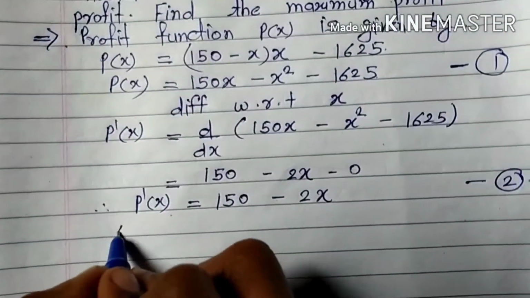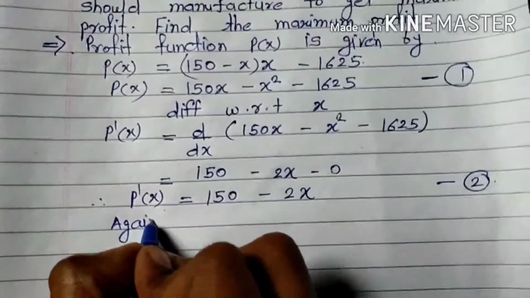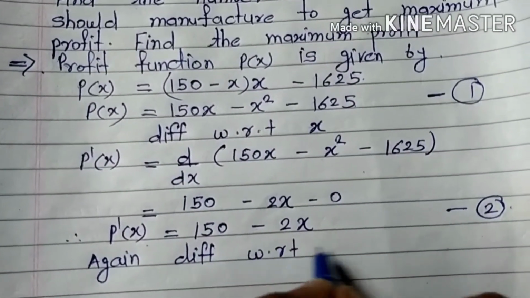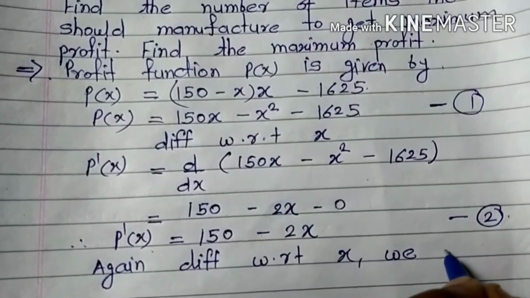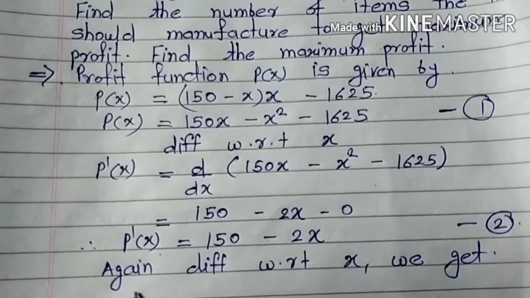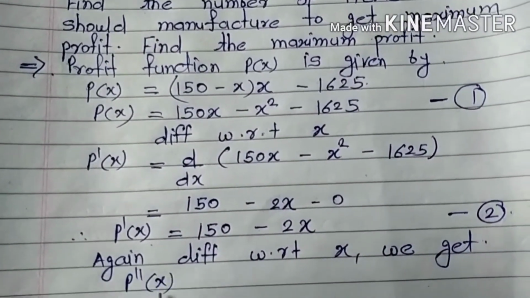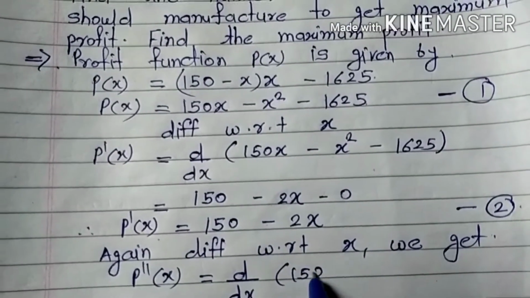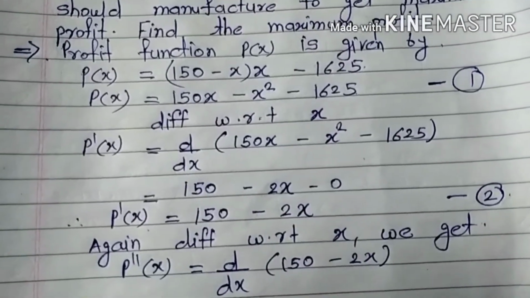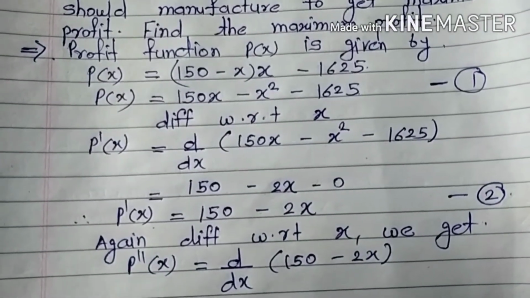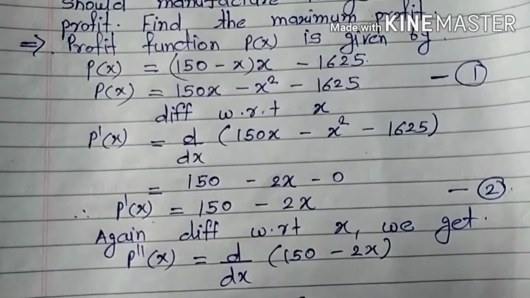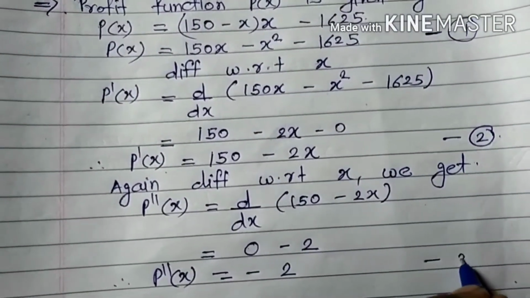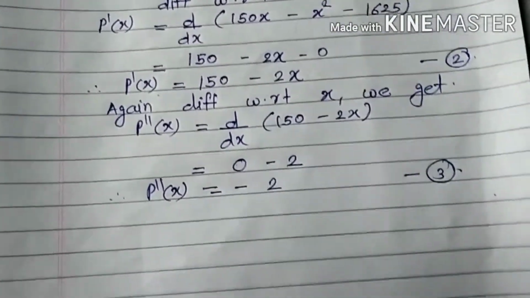Now again differentiate with respect to x, we get p double dash of x is equal to d by dx of 150 minus 2x. So derivative of 150 is 0, minus 2. Therefore p double dash of x is equal to minus 2. Give it equation 3.